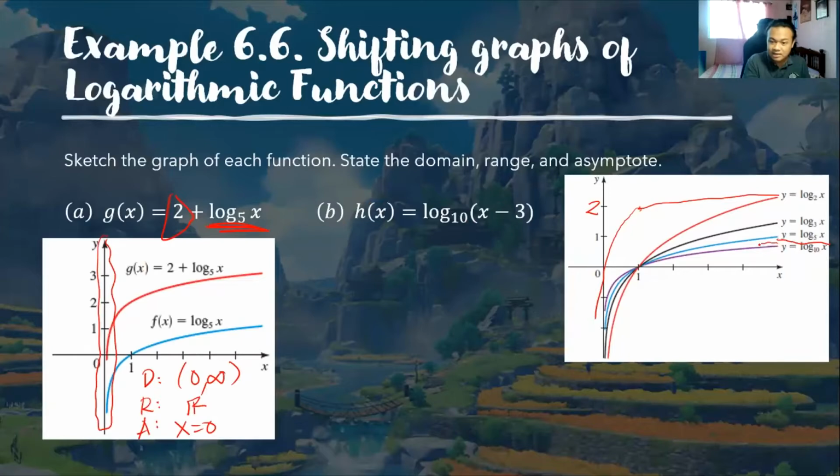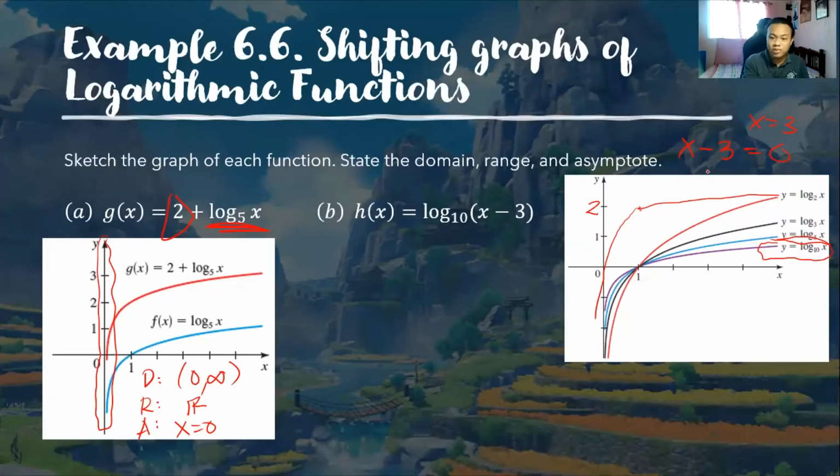Lastly, h of x, which is logarithm of base 10. We use the violet line, and it shifted 3 units. But in which direction, to the right or to the left? It's easy: just equate it to 0. If it's x minus 3, then x equals 3, so shift 3 units to the right.